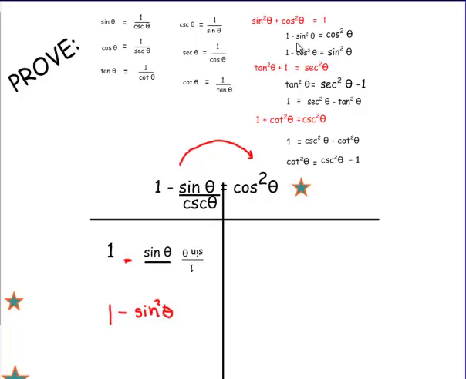Every time I see a 1 minus sine squared, I can replace it with a cosine squared. And I've got it. I got the left side to equal the right side. Check. I proved it.